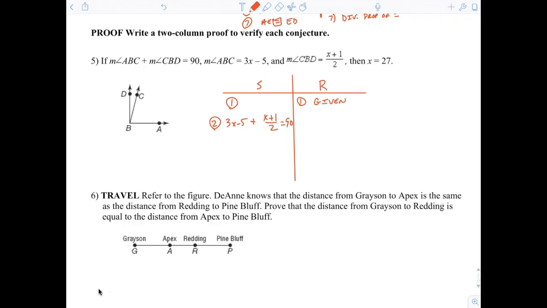Why wouldn't you put the angle addition before? Actually, that's not a bad thought. ABC plus CED. Because honestly, listen to me right here. They give you this information. They tell you that that's true. You see what I'm saying, right?